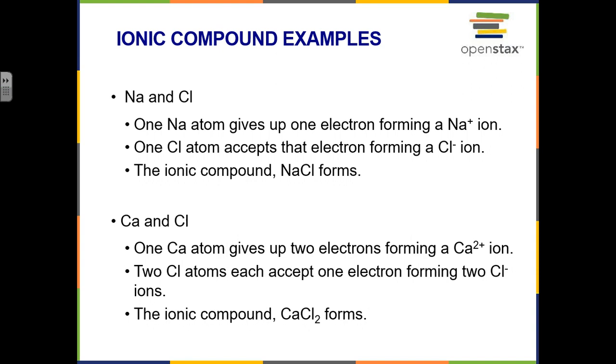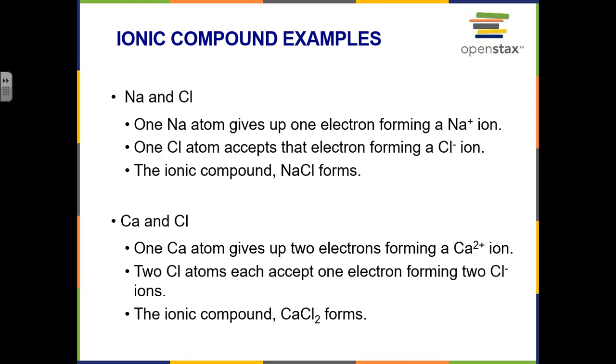Now you also have one chlorine atom that accepts that electron, forming what's called a chloride ion. And so while the sodium keeps its nomenclature the same, the chlorine becomes chloride ion. And so together, the ionic compound forms NaCl, which is sodium chloride.